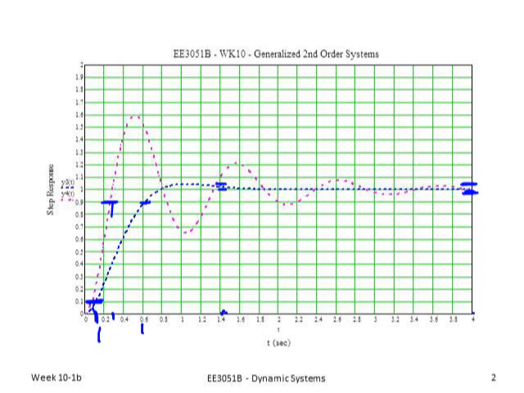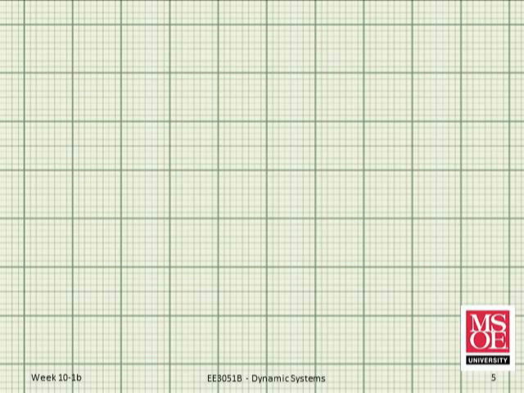Again, we can compute that time. Unfortunately, it's not a nice linear equation, and this is typically solved with polynomial fitting.